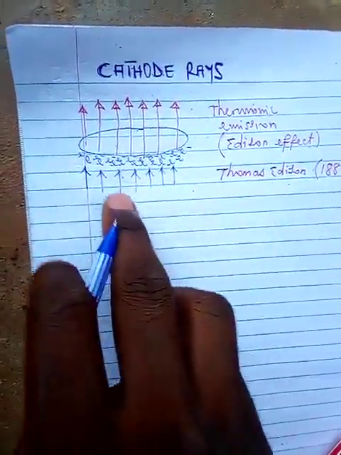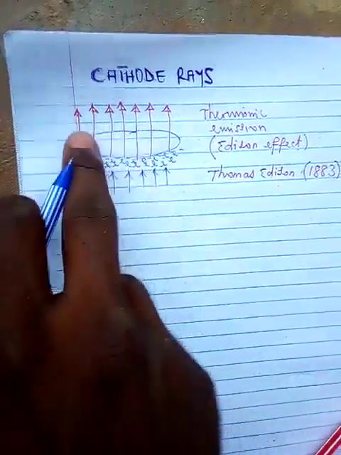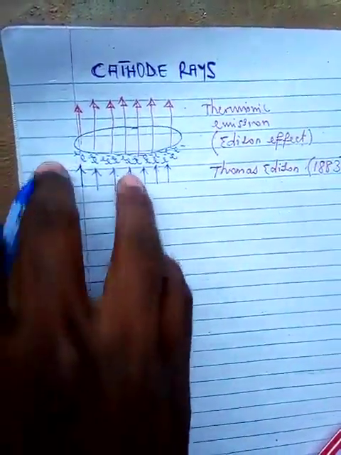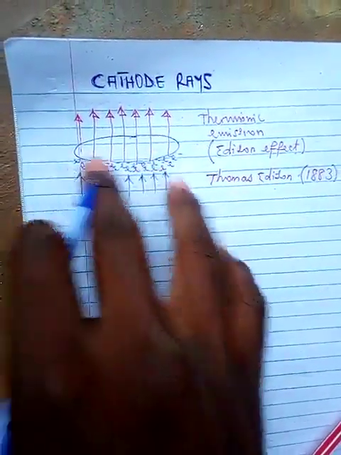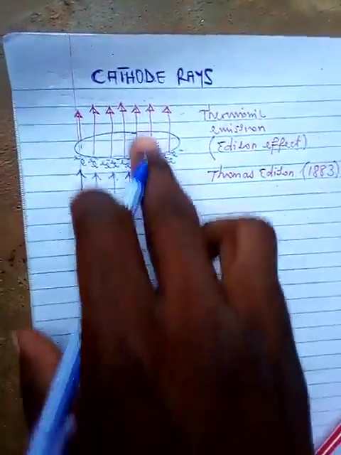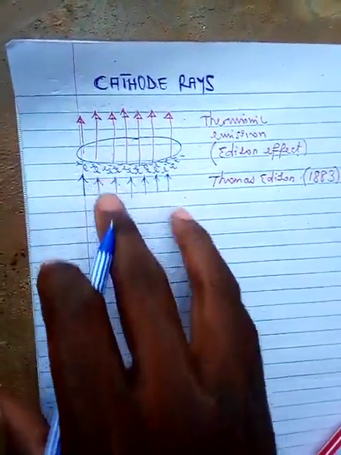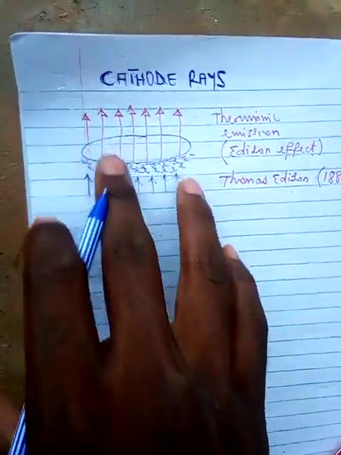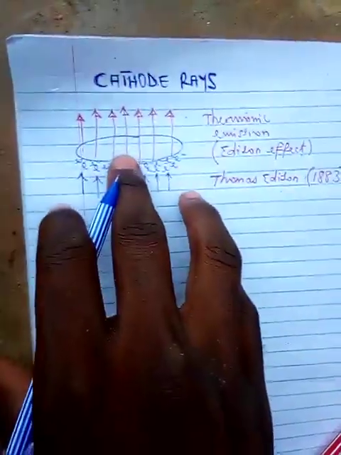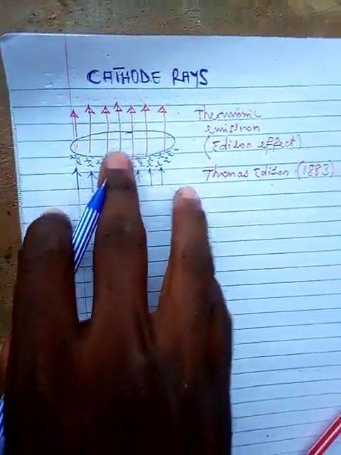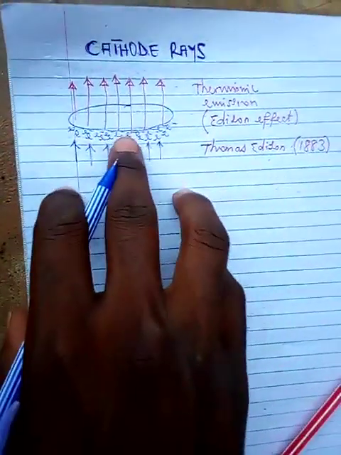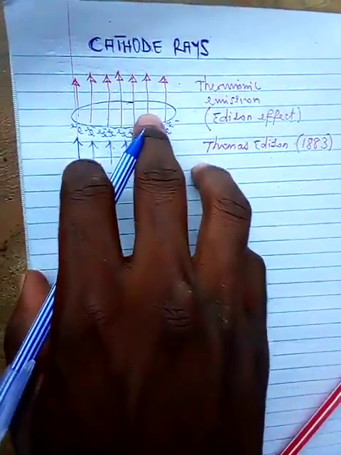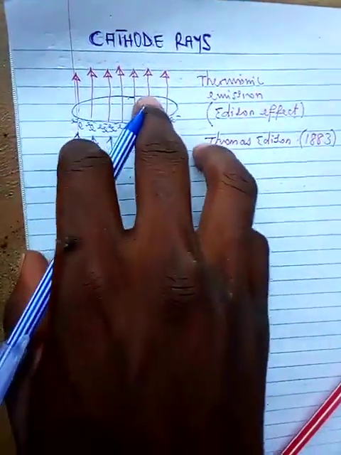Cathode rays are streams of electrons that are released from a heated metal surface. They gain sufficient kinetic energy to be released from that metallic surface. That should be in your mind.